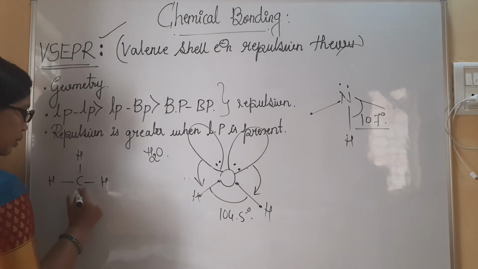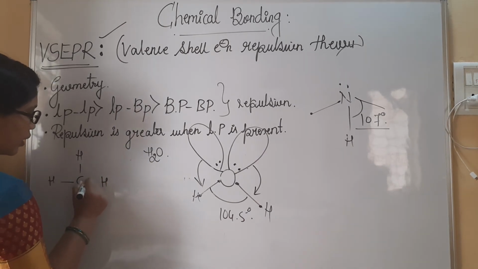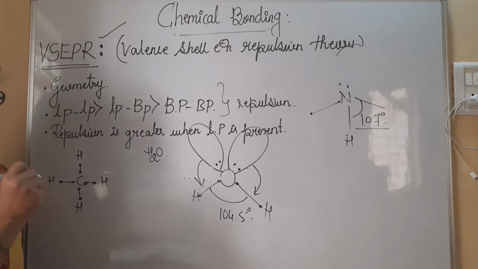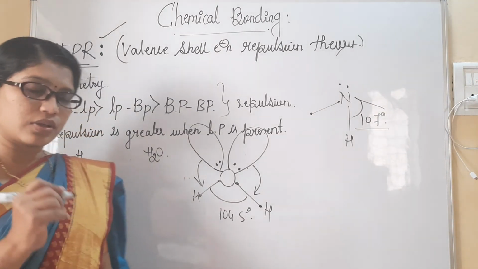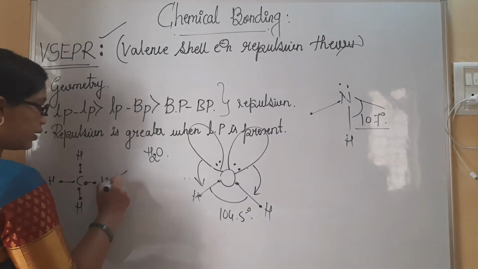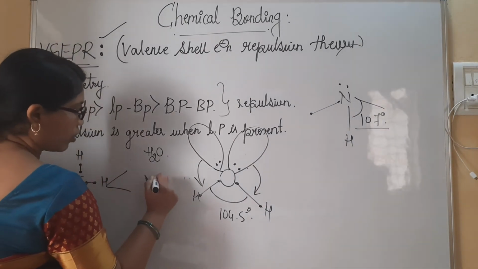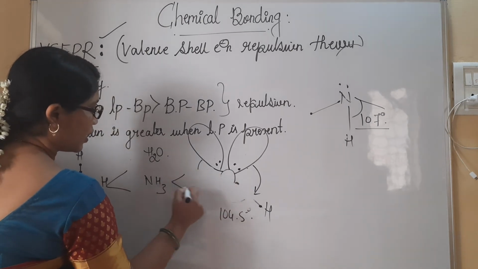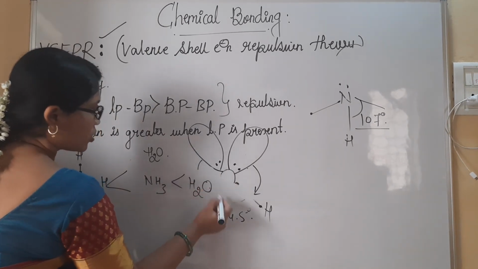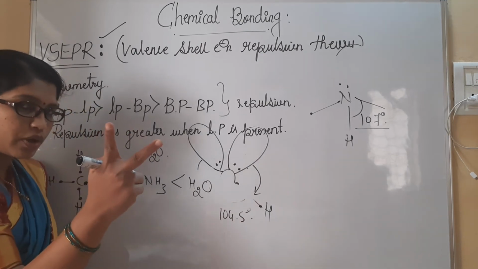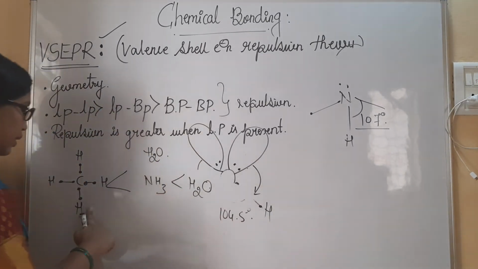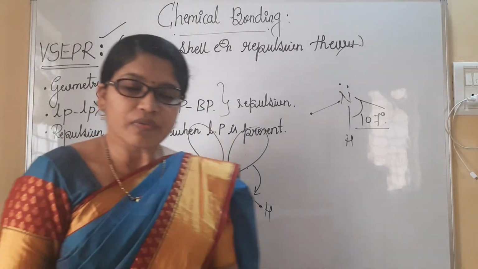Methane has only bond pair electrons. It doesn't possess any lone pair of electrons, so it will have less repulsion than that of ammonia. Ammonia will have less repulsion than that of water, because water has two lone pairs of electrons, ammonia has one lone pair of electrons, and methane doesn't have any lone pairs.